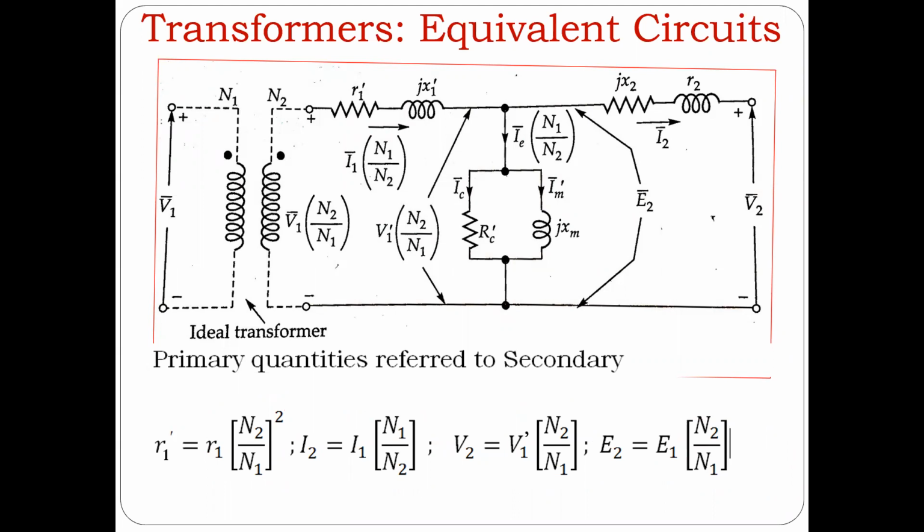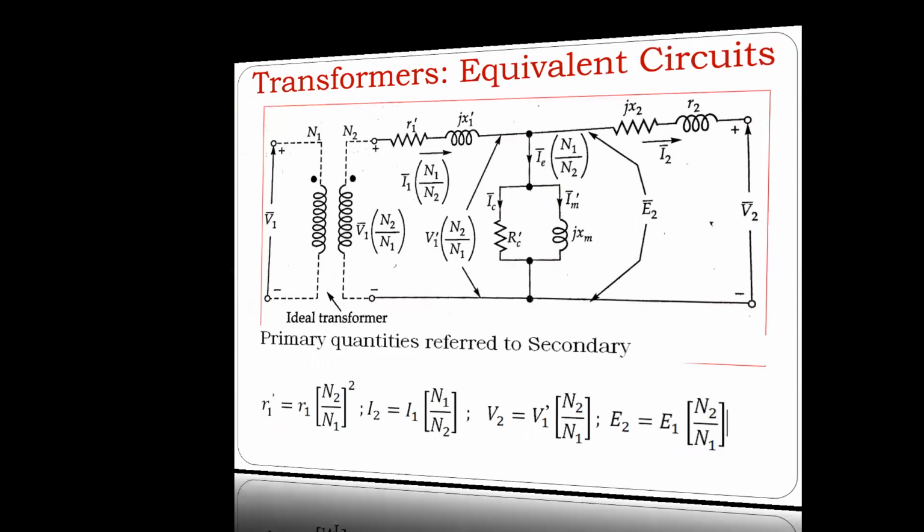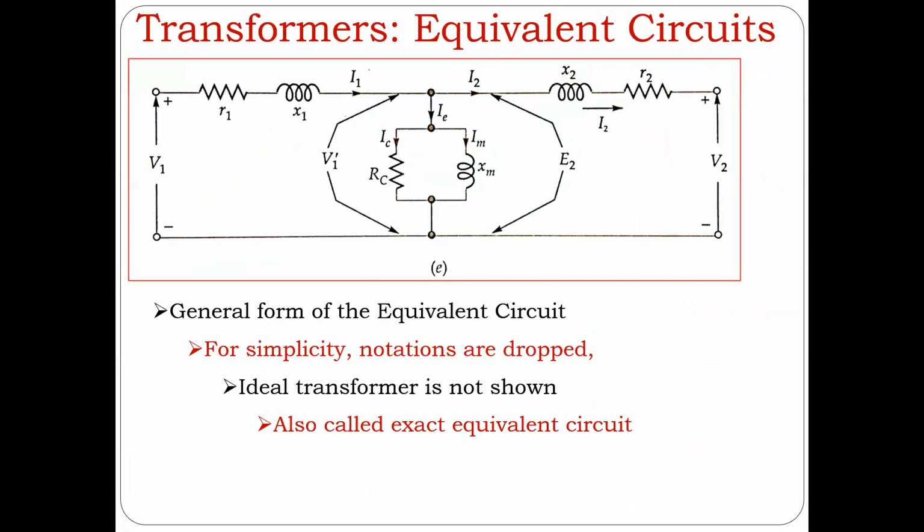There are a few ways by which you can simplify this equivalent circuit, and you need to make certain assumptions. The assumptions that you normally make would be something like this. For instance, this is the general form of the equivalent circuit where I've got rid of those coils and everything.